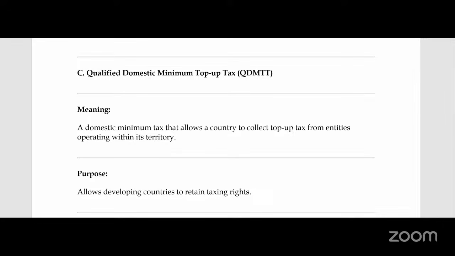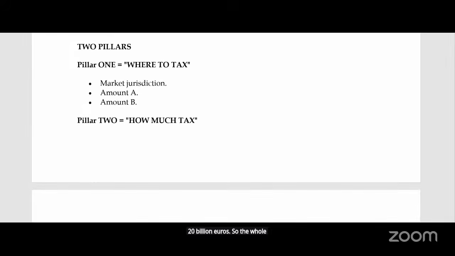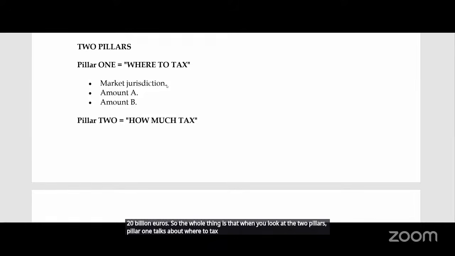So pillar one, what did we learn about pillar one? Market jurisdiction. What is the requirement? 20 billion euros. So when you look at the two pillars, pillar one talks about where to tax, and it's more about the market jurisdictions. And what's the requirement?